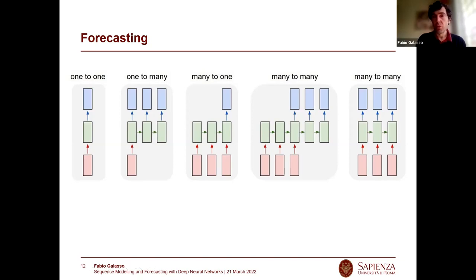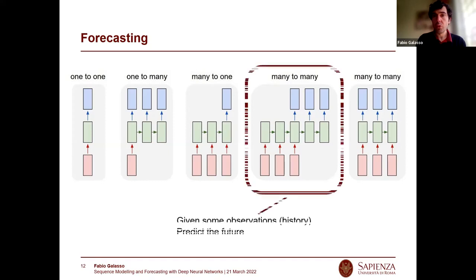I was going to focus on this because in forecasting you want to predict into the future, but of course this can be seen as many to many if you keep forecasting and updating your forecast, and if at the same time you want to estimate certain features, you probably need the two of them, right?